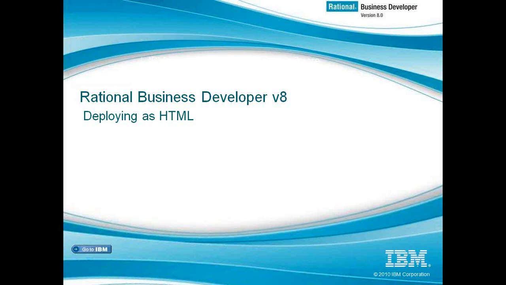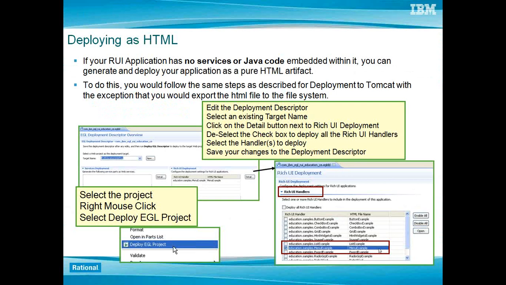So here we can deploy our rich UI application as a standalone HTML file. Same way inside of your deployment descriptor, here we have a list of available rich UI handlers. As I told you, let's say there are hundreds of rich UI handlers and we only want to deploy 10 handlers.